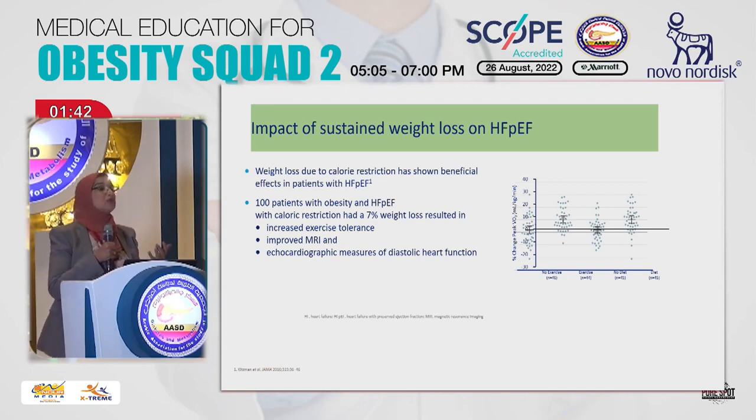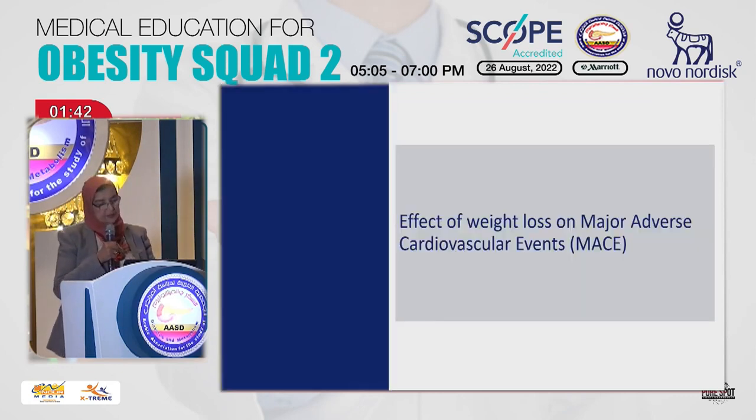And this, of course, will improve outcomes. In cardiology, we are having a big debate about heart failure with preserved ejection fraction, but we do agree that when you improve the risk factors, everything will be fine and marked improvement will be there.